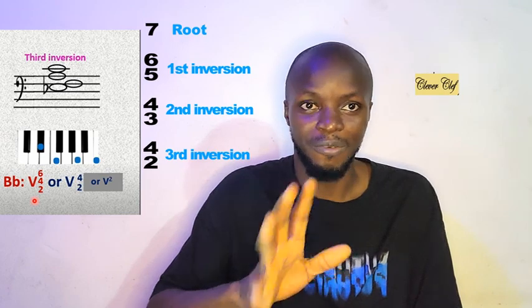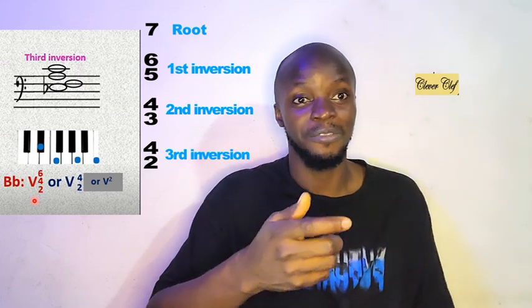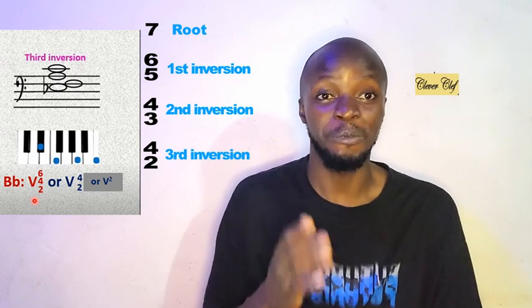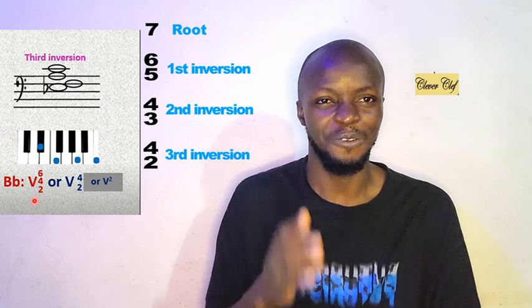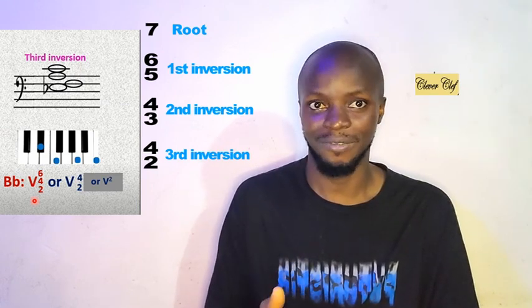Always remember this, because if you're a classical musician, a classical music student or a music theory student, you come across this a lot when you're dealing with harmony in general.